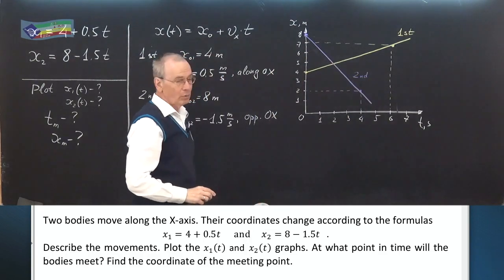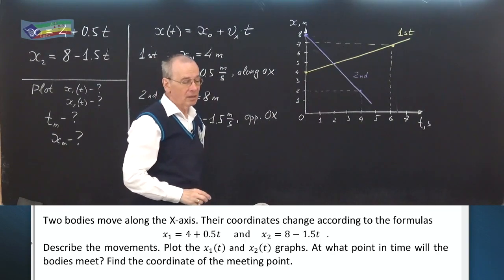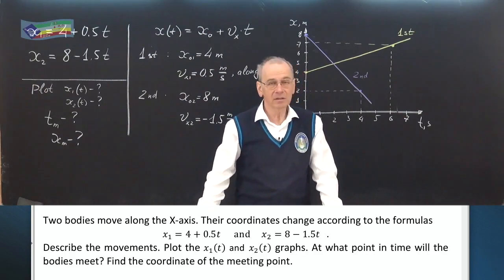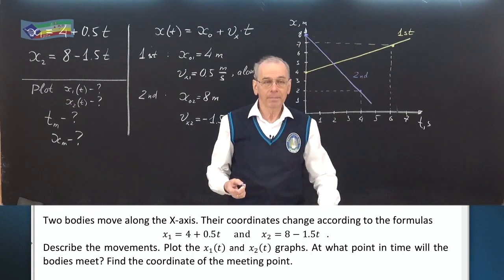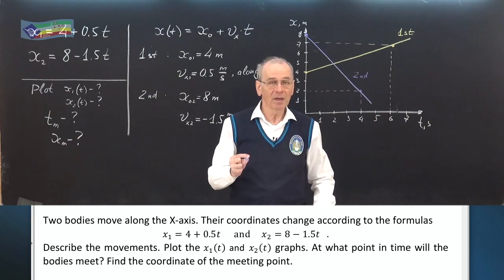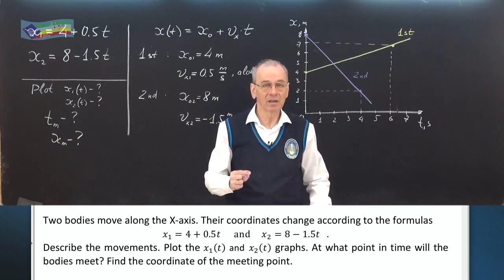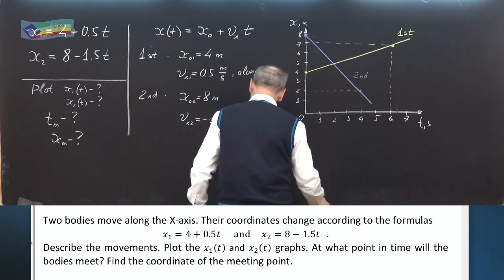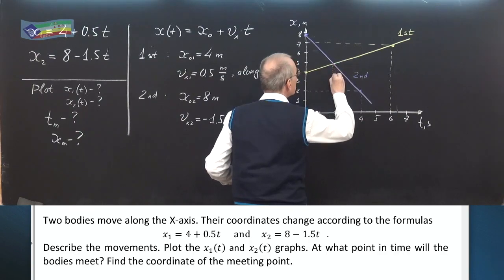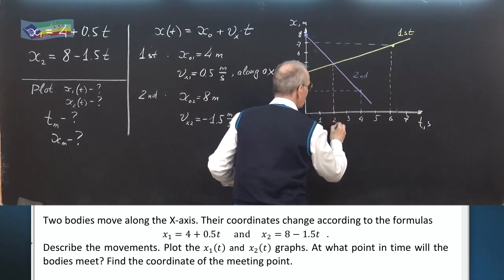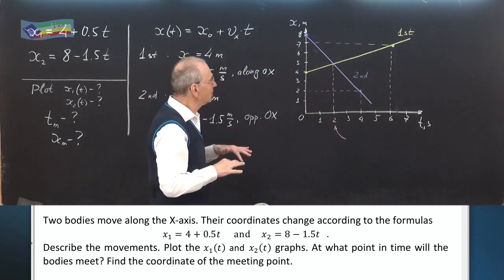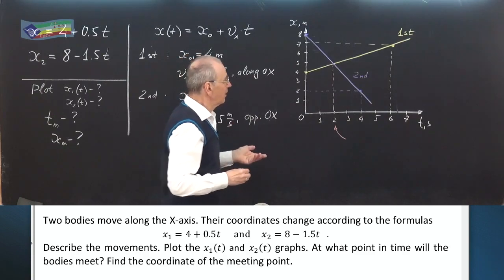Okay, now we can answer the question: at what point in time will the bodies meet? Meeting is an event when at the same moment in time bodies have the same coordinates. Look here. The moment in time when 2 lines intersect corresponds to the event of meeting.